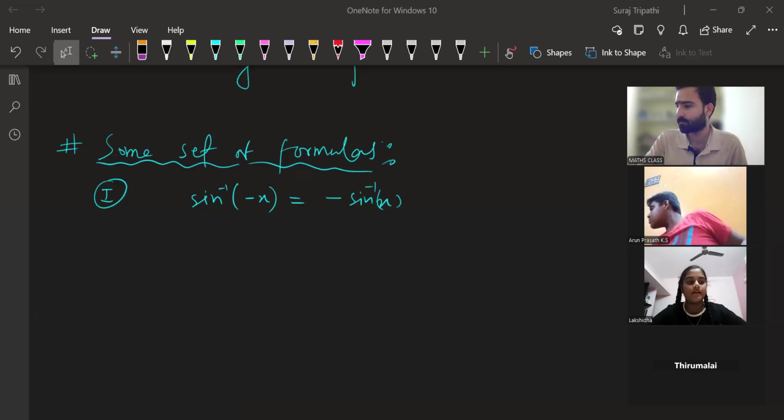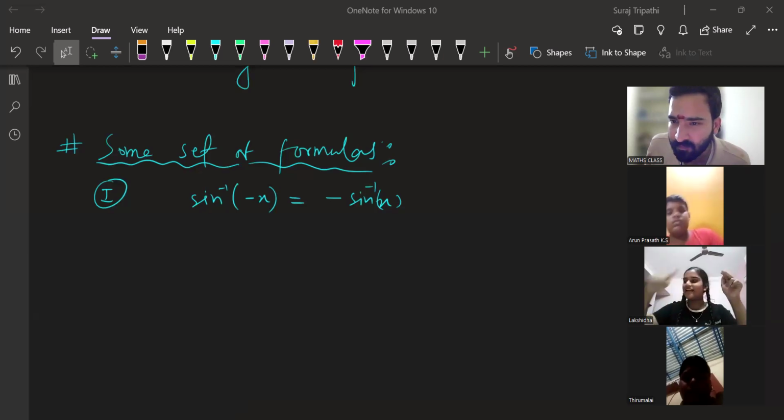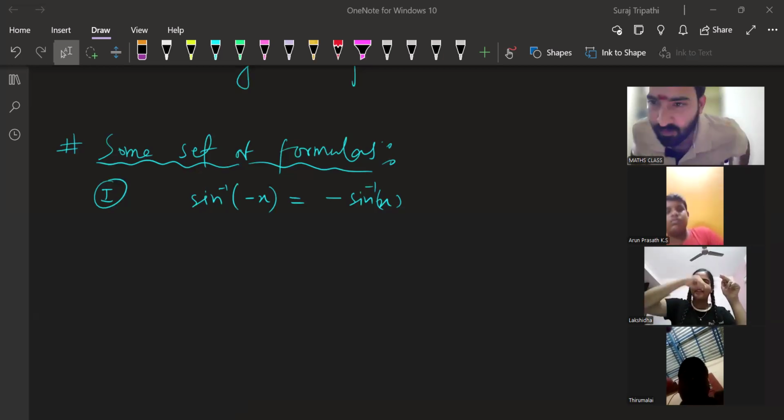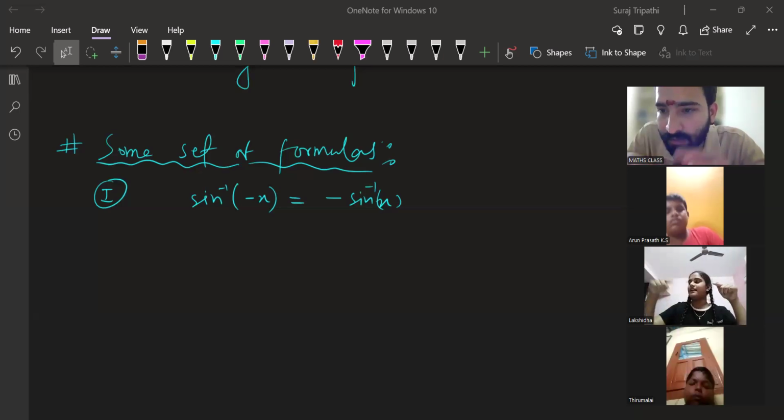Yes, we can just change the coordinates, sir. The graph first comes like this, but now it will go like this, for the graph of sine inverse x.